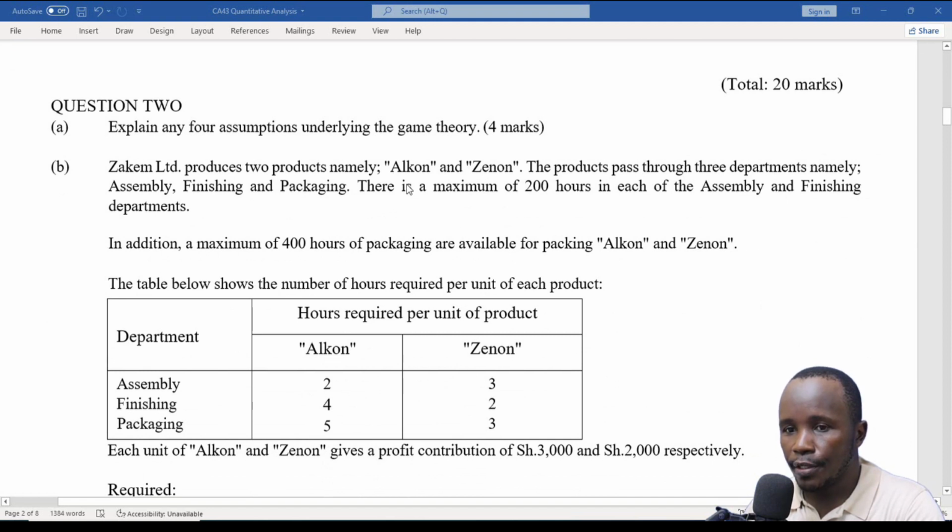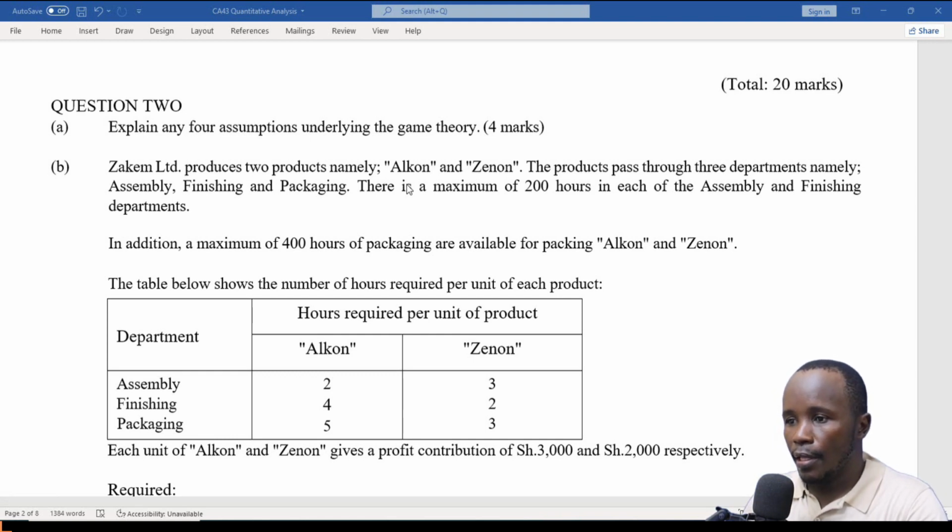The question reads, Zachem Limited produces two products, namely Alcon and Xenon. The products pass through three departments, namely assembly, finishing, and packaging. There is a maximum of 200 hours in each of the assembly and finishing departments. In addition, a maximum of 400 hours of packaging are available for packing Alcon and Xenon.